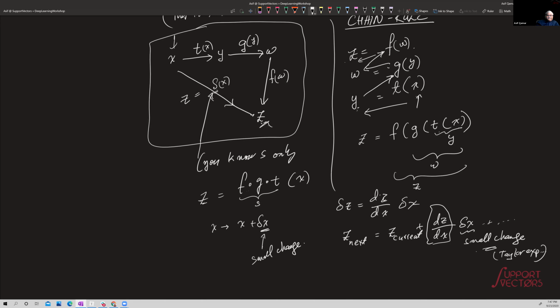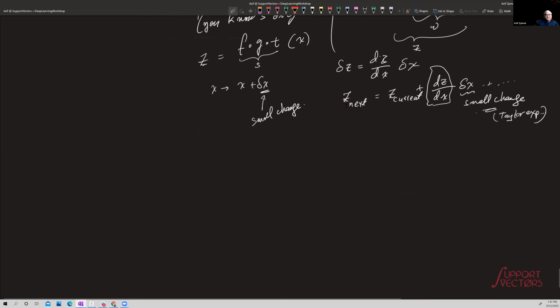So here comes a bit of a rule. Let's see how changes propagate. You realize that this is pretty complicated. If I write a function, let me just write something. Let us say that t is equal to sine square of x. g is equal to e to the minus t square.